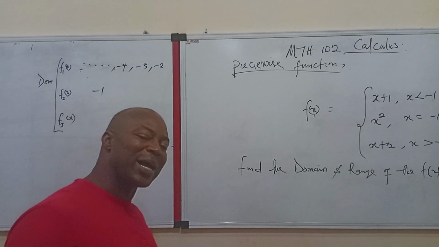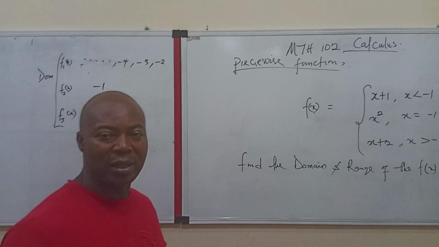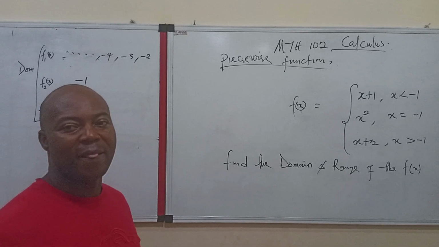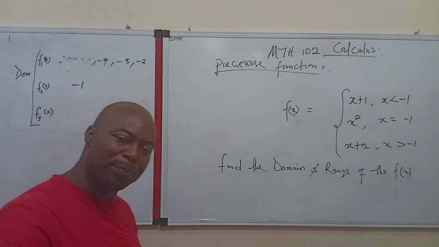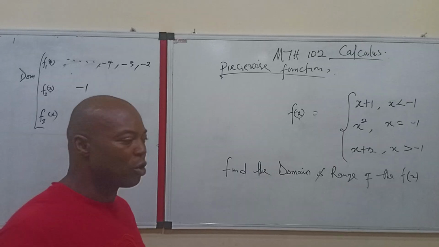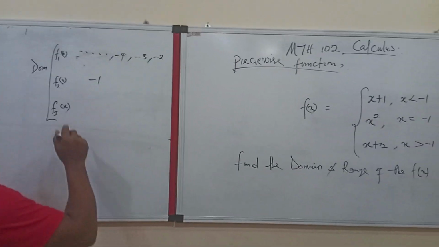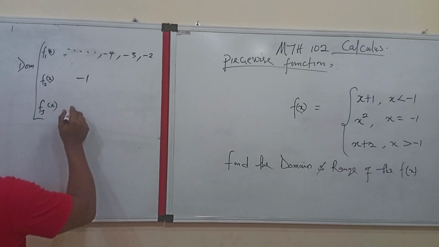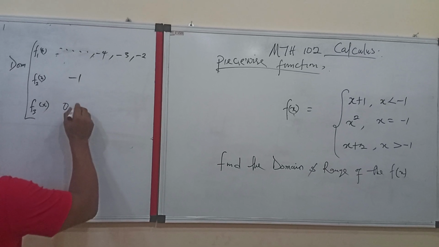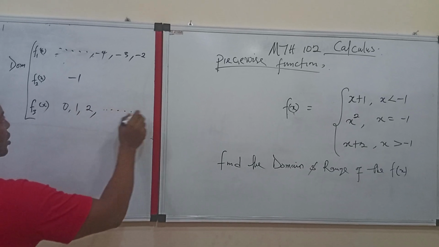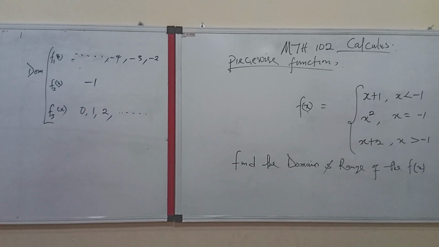So if e go big pass -1, then wetin be those numbers? 0 big pass -1. 1 sef big pass -1. 2, so e go from 0 go up. So meaning the value dem wey dey for that last number for the f3 na 0, 1, 2, and so on, e go till positive infinity.